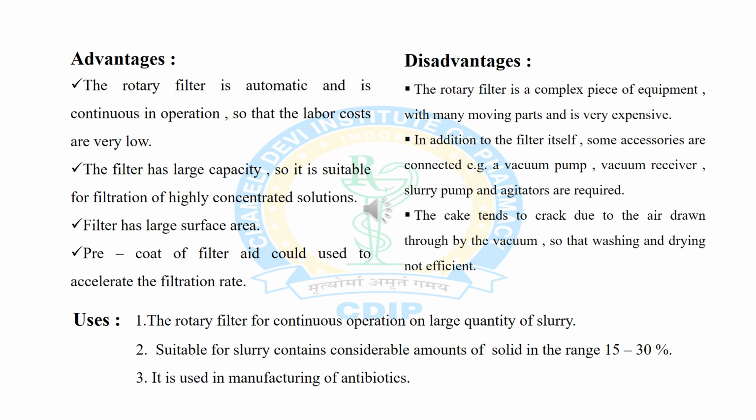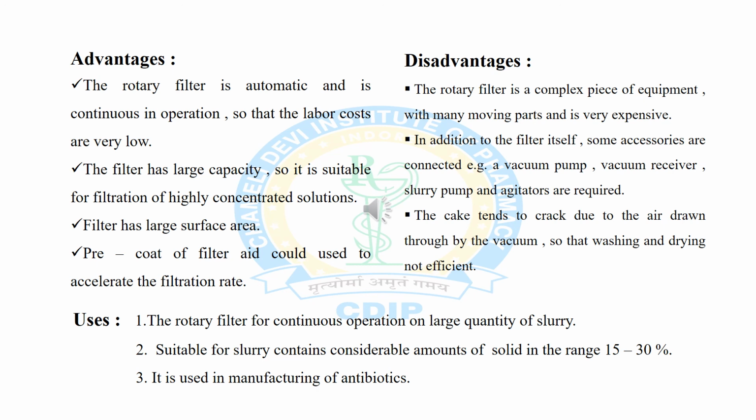If we see the uses of the rotary drum filter, first, it is used for continuous operation on large quantities of slurry. Second, it is suitable for slurry which contains a considerable amount of solids, in the range of 15 to 13%.